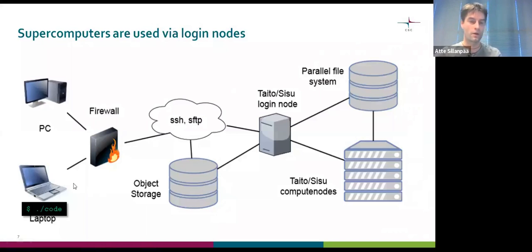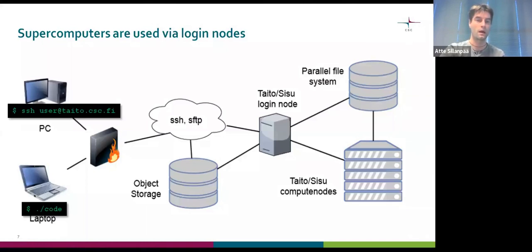On your own laptop, you would just directly run whatever code you have, and it would start running immediately, and the remaining resources would be competing with the code that you're running. If you want to run jobs in the CSC environment, you would first take an SSH connection to the CSC machine.